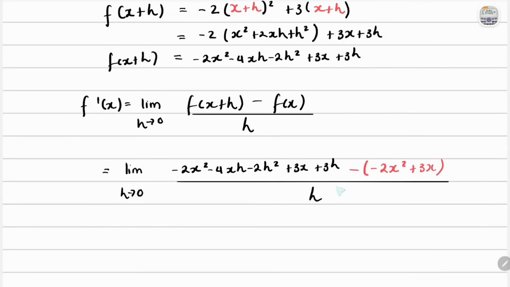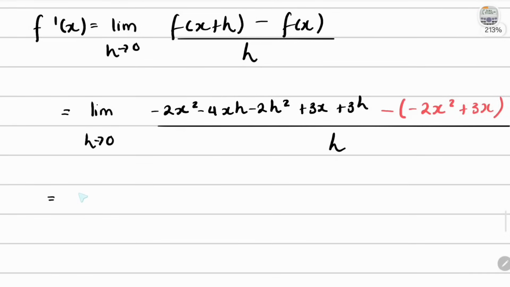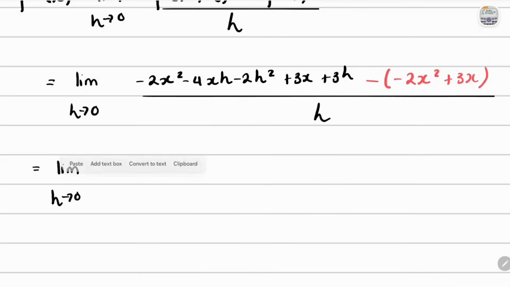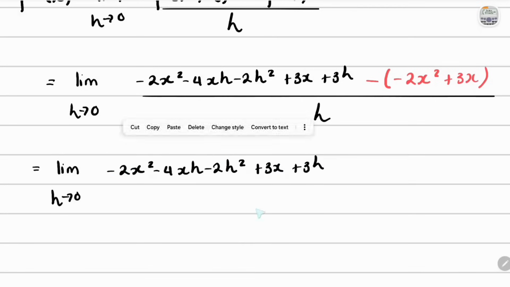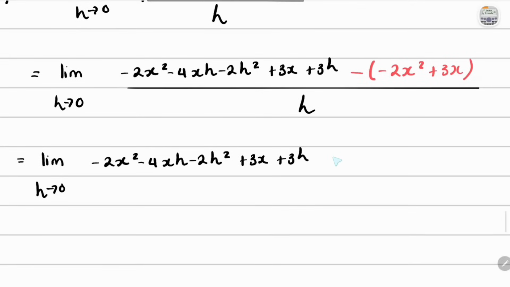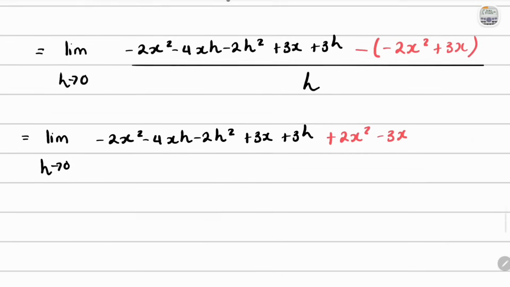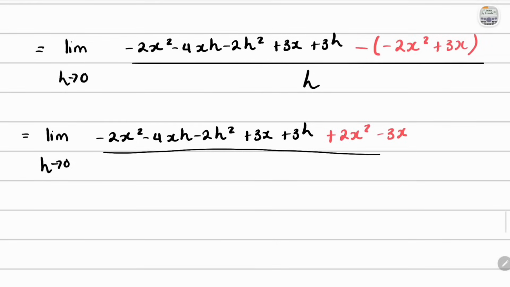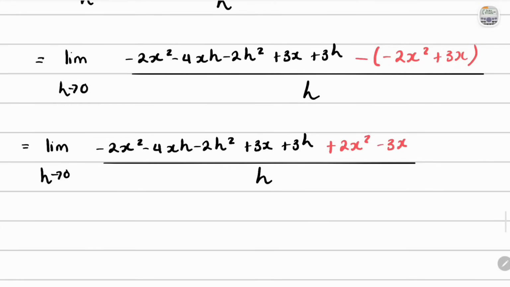And then let's just distribute. So the limit as h approaches 0. Still we have all of this, and then these just distribute. So that's going to be positive 2x squared minus 3x. Now we already know that because we were subtracting by those, they're the only things that would cancel, whatever is like with them.